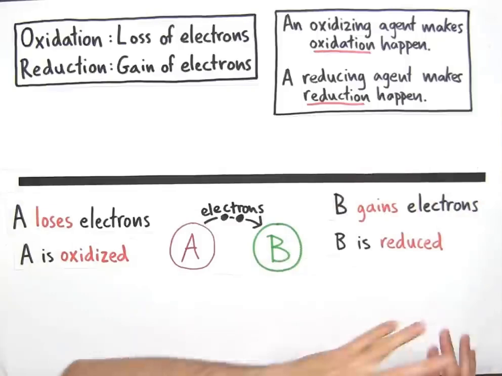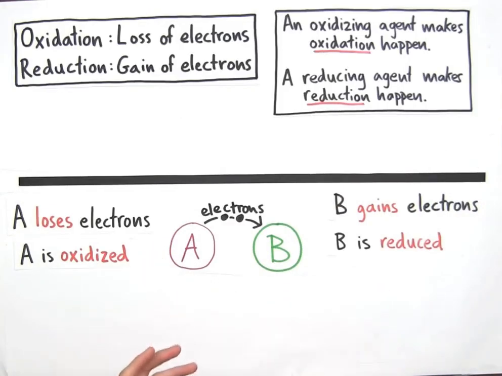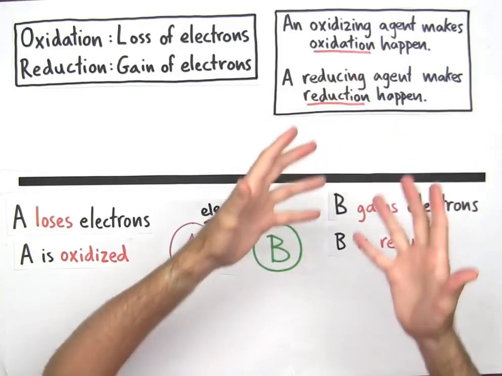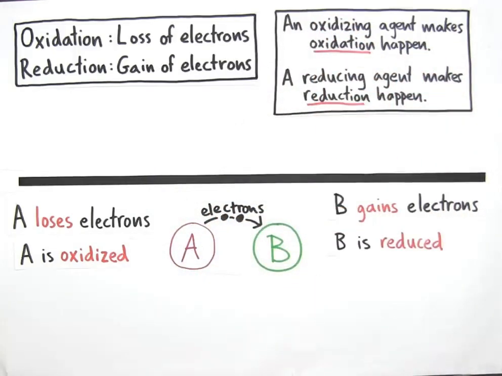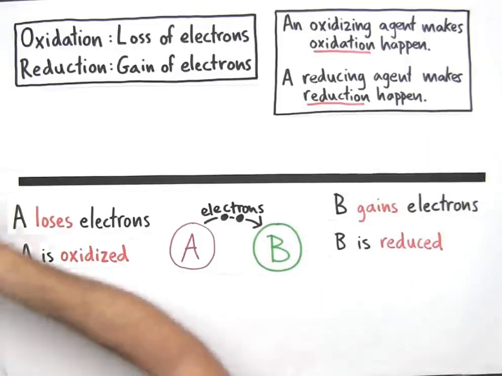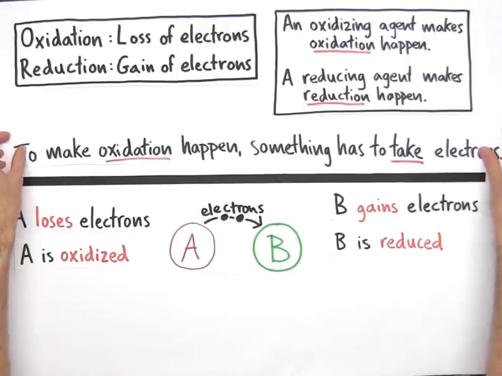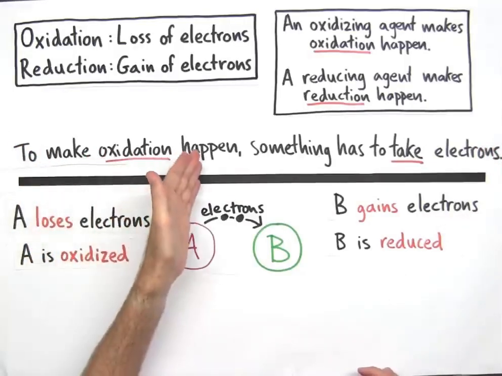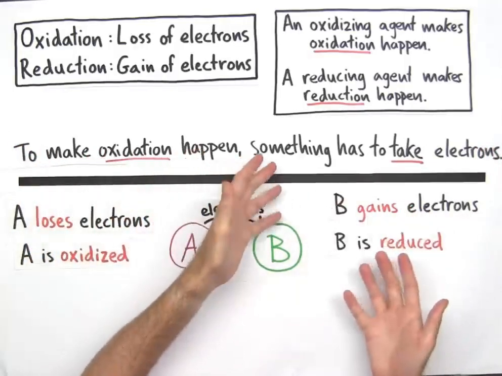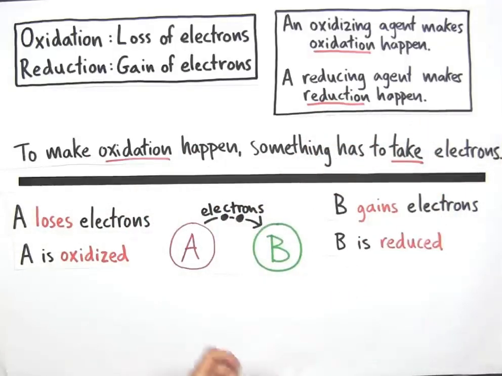They can't just chuck them into space. An atom can only get rid of electrons if something else is going to take those electrons away. They have to give the electrons to something else. So we can say that in order to make oxidation happen, something else has to take the electrons away from the thing that's being oxidized.